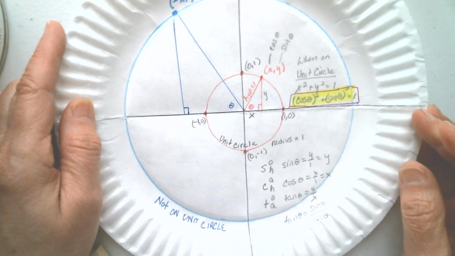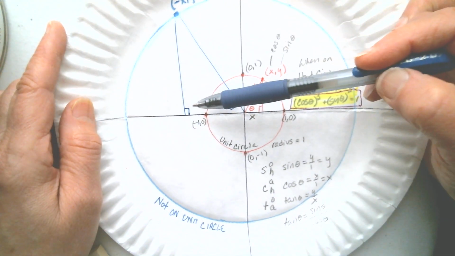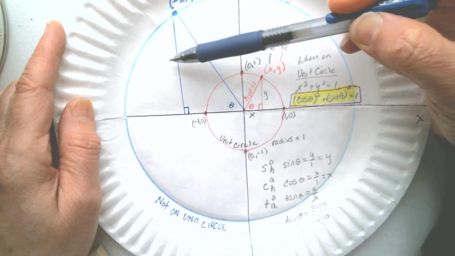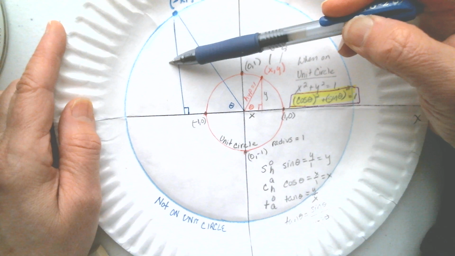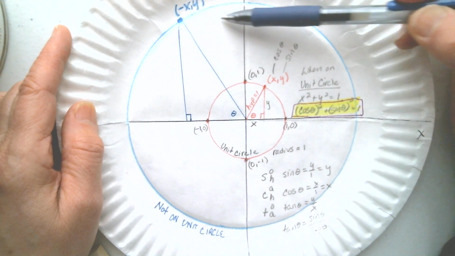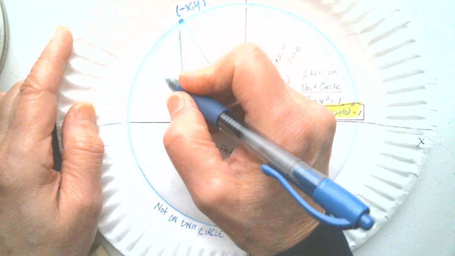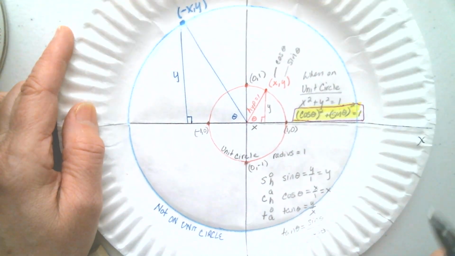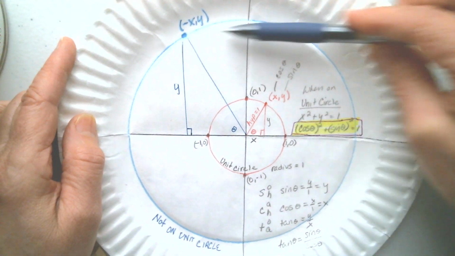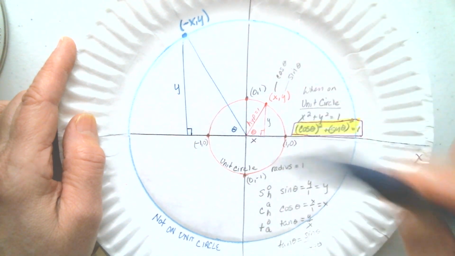So here we have our right triangle. In relation to our angle theta, this side here is opposite the angle. And it is actually the length of whatever our y coordinate is. So label this y, right? If this was, let's say, a height of 10, then this is 10.